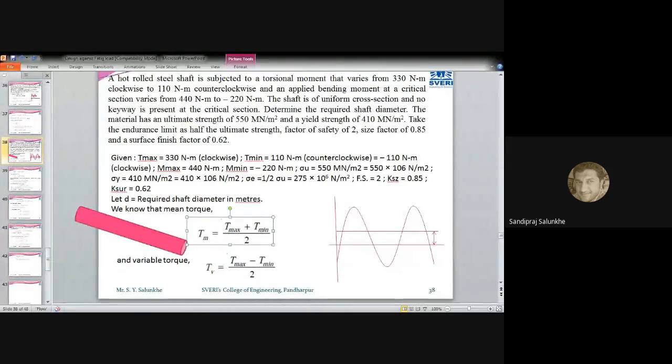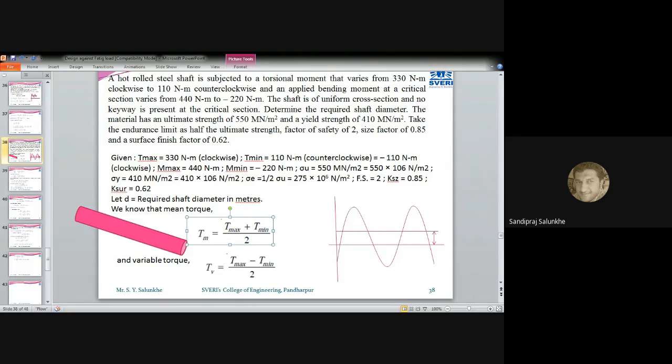Variable stress value. First of all, you calculate variable torque, TV. That is T max minus T min divided by 2. Min means here minimum.